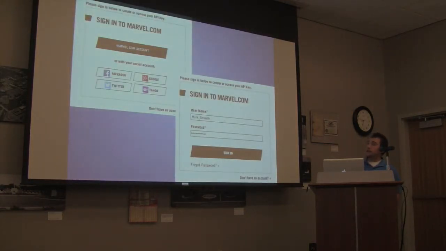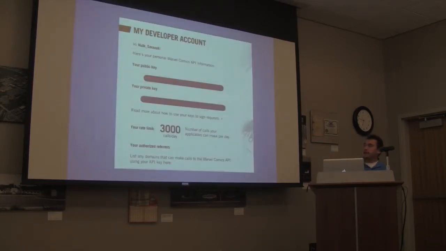You can sign in, create a new account, or use one of your existing accounts. This happens to be my account here. I'm a fan of the Hulk. Once you're in, you'll get a developer account with your credentials that you can use. Right now, it's 3,000 calls a day. If you want to privatize it, you'll want to read the rules on what they're allowing you to do with their APIs.